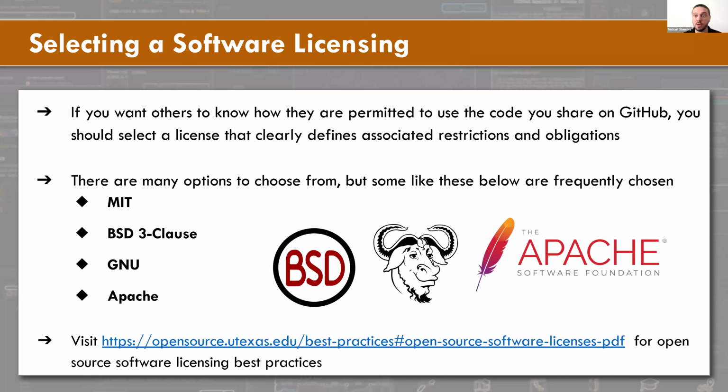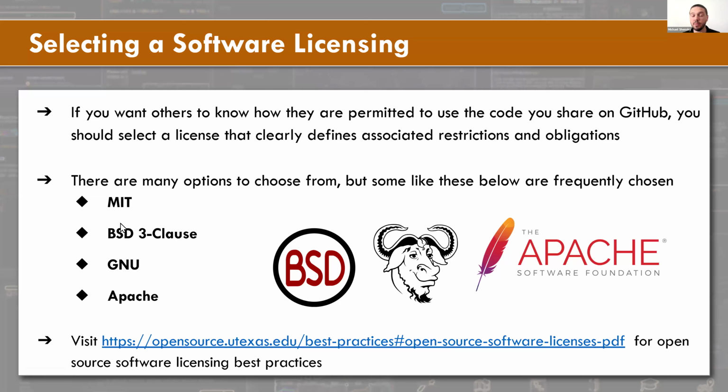Because they don't know the terms of use. So if you assign a license, that makes it very clear for anyone that comes across your code on github.com, for instance, to understand how they're allowed to use it and what they might need to do if they want to build on it or use it for certain purposes, like in commercial applications. So it's a really good idea to think through which license you want to assign.